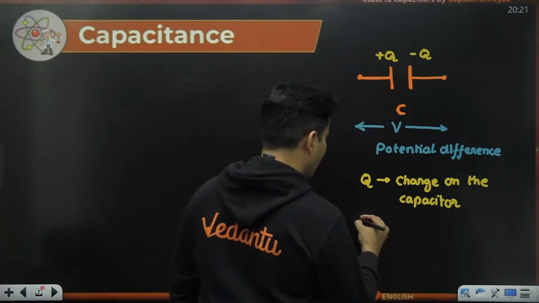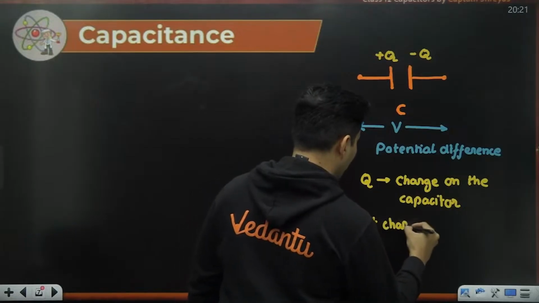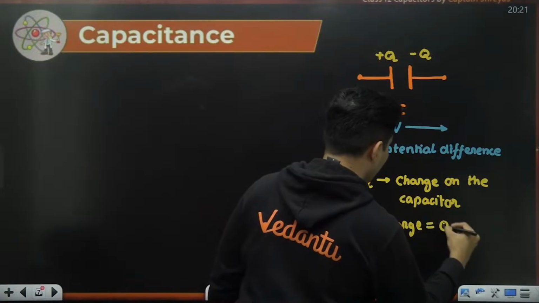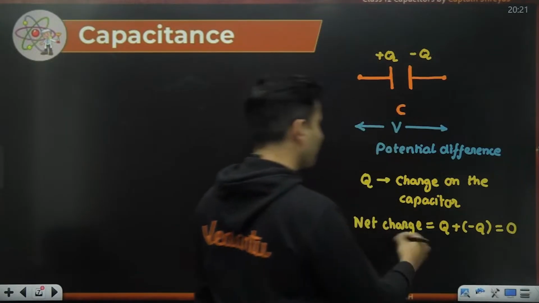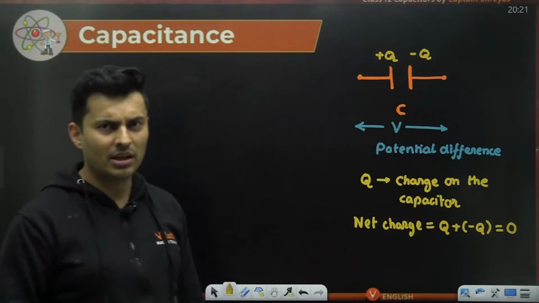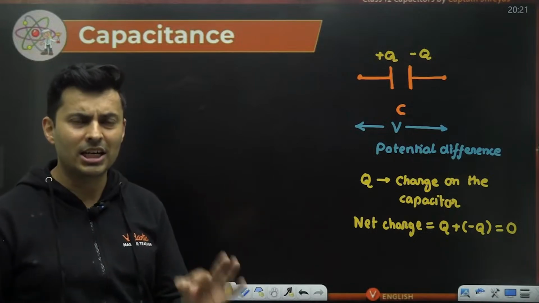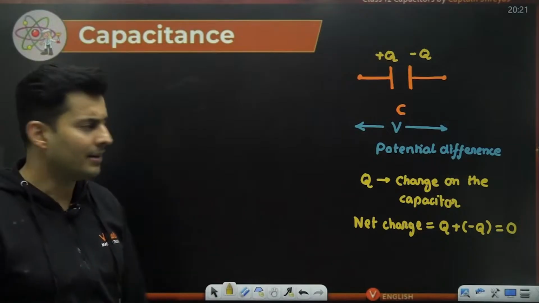But if somebody asks you what is the net charge, the net charge obviously will be Q plus negative Q, which will always be zero. But that is not what we refer to when we ask what is the charge on the capacitor. We are not talking about net charge.